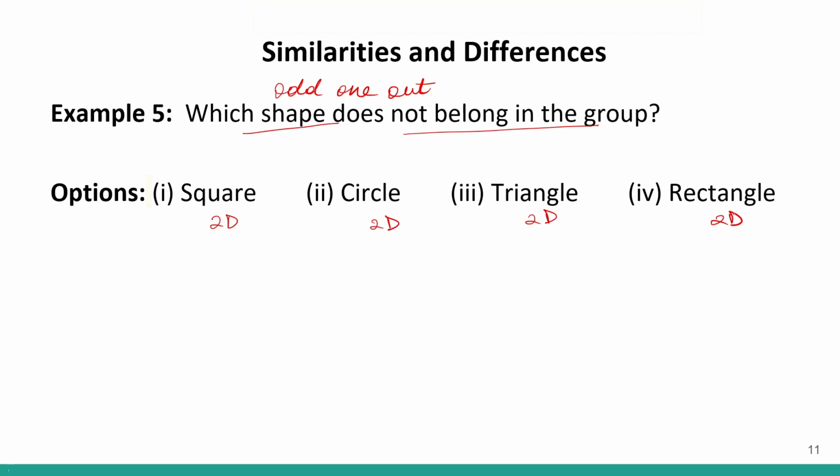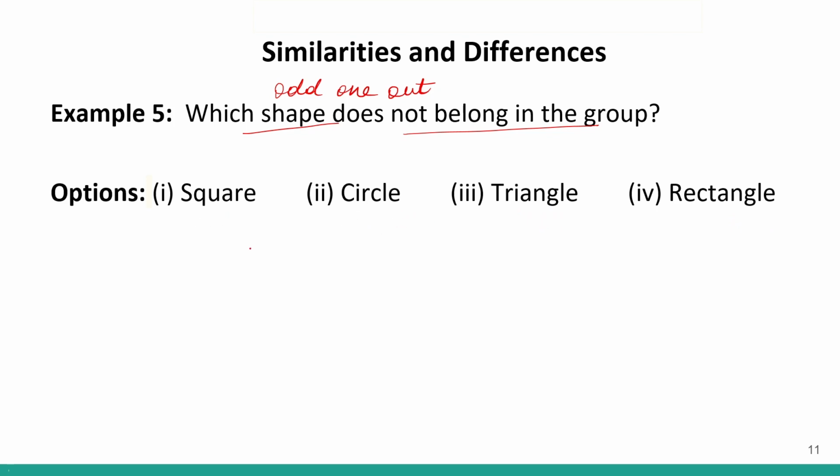So if all of these are 2D figures, this is not the logic that is used to find out the odd one out. This we discussed in the previous class, that this is the common logic. Usually whenever you get a question like this, either there is a different 2D figure or a 3D figure. So in this I can say that there is no difference. All of these are 2D figures.